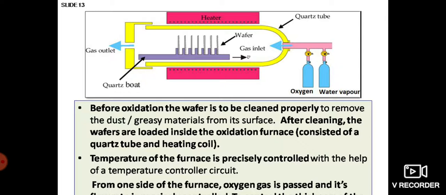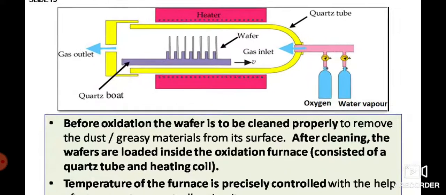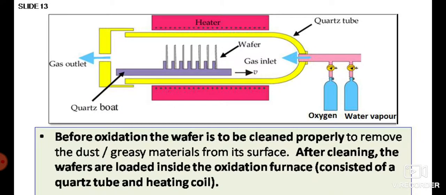In the figure, through the gas inlet, either oxygen or water vapor enters the oxidation furnace and chemically reacts with the silicon wafers to form silicon dioxide on the silicon surface. Also note, there is a gas outlet through which the remaining residual gas goes out of the oxidation furnace.